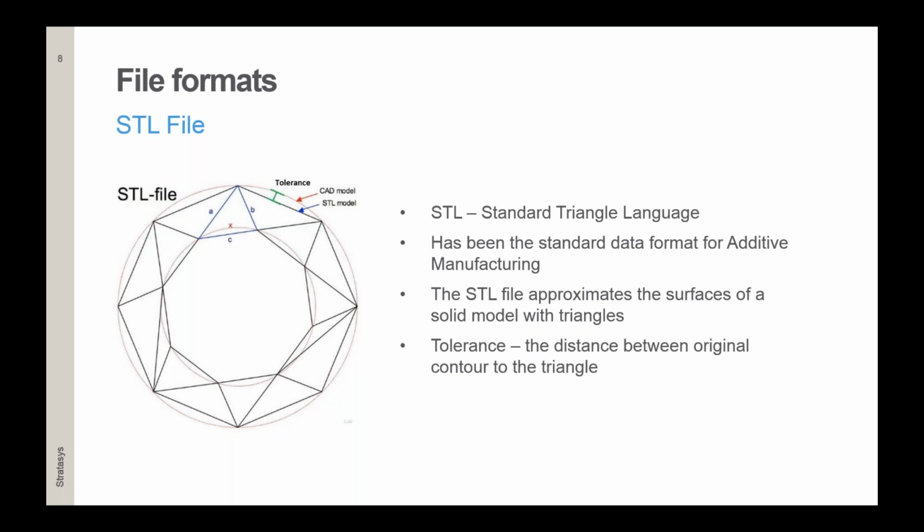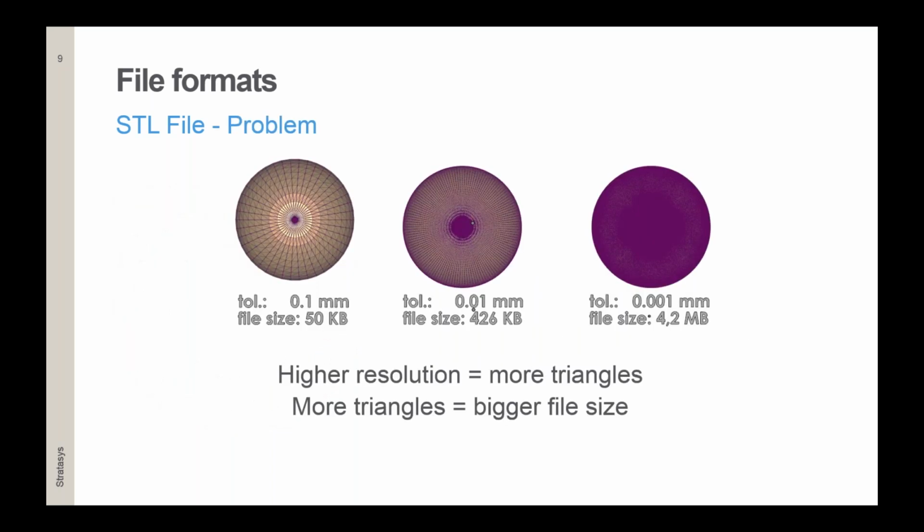Depending on the tolerance, which is the distance between the original CAD contour and the nearest triangle, the tessellated model can still be not as accurate as the actual model. It is also missing some of the original CAD data, like information on multiple bodies, component structures, colors, and textures. And depending on what you need from the file, this tessellation step creates a problem.